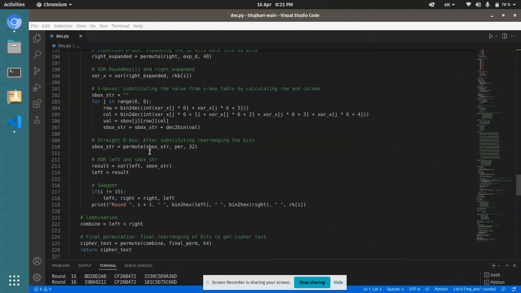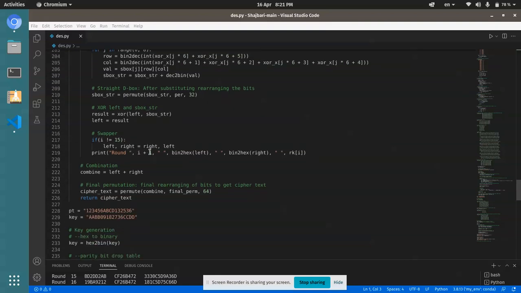Next, the initial permutation produces two halves of the permuted block, called left plain text and right plain text. Now, each LPT and RPT goes through 16 rounds of the encryption process. In the end, LPT and RPT are rejoined and a final permutation is performed on the combined block. The result of this process produces 64-bit ciphertext.